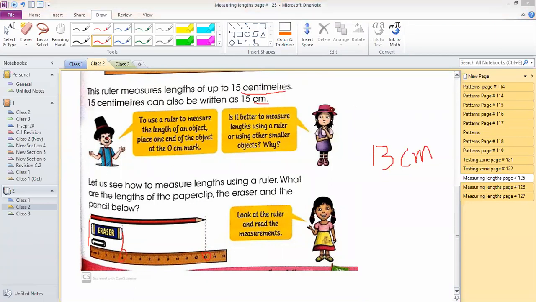And when we talk about this paper clip, I also use a ruler to measure this paper clip. Put one end on the 0 and check the other end. So this is 2. This paper clip is 2 centimeters long. Are you getting my points, guys? How you have to measure with the help of a ruler?